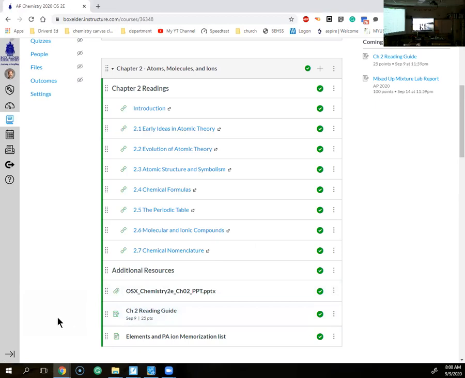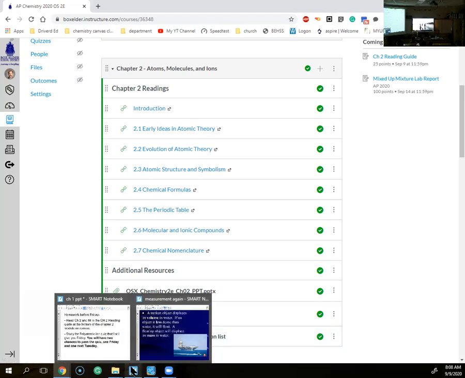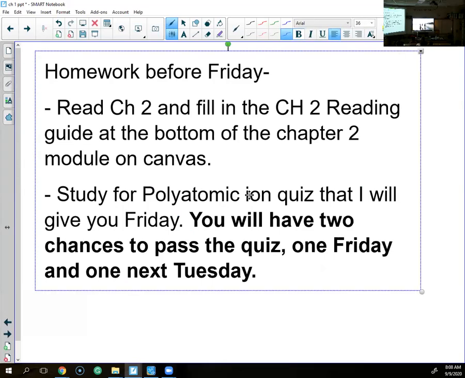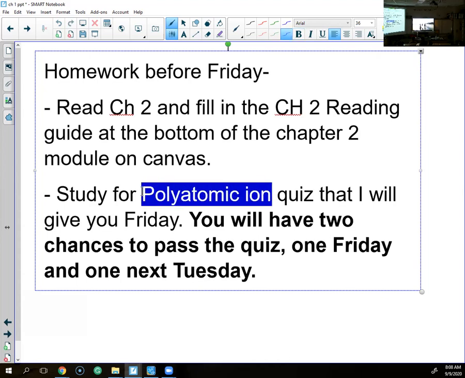And then the next thing, it's going to say study these because I'm going to give you a quiz. So study for, this should be the atom or the elements quiz, not the polyatomics. Sorry.